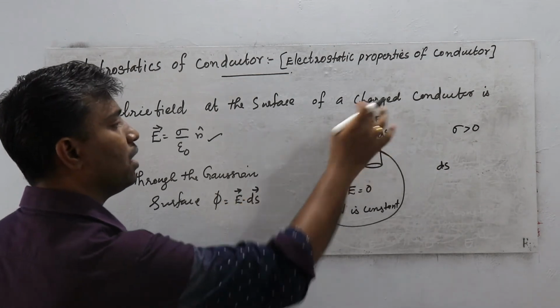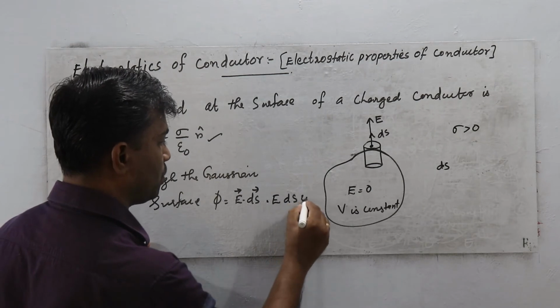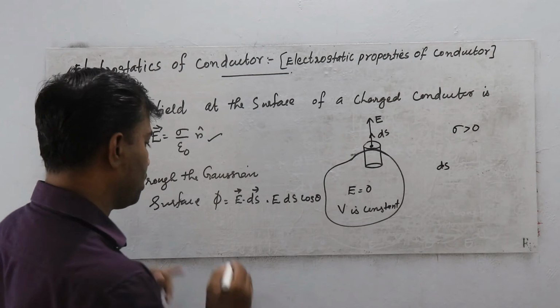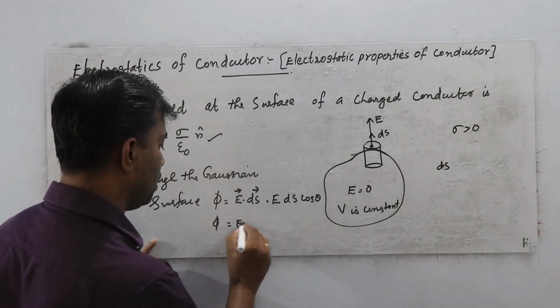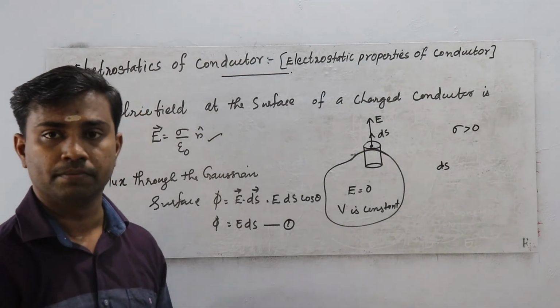But here E and ds are in the same direction. We know that it is E ds cos theta, but theta is 0, so phi is equal to E ds. That is the flux through the Gaussian surface.